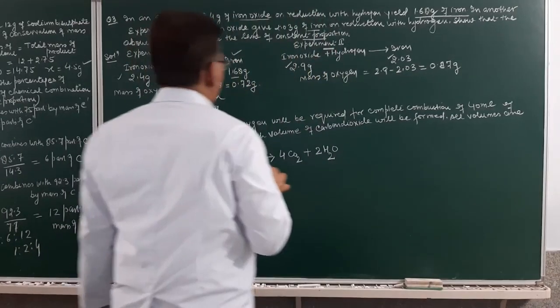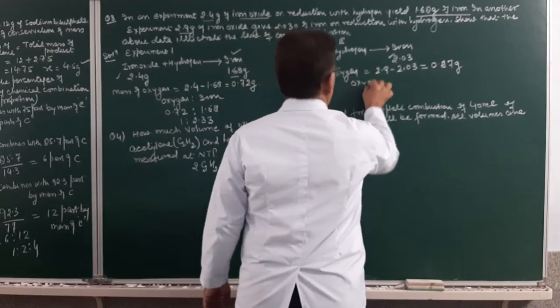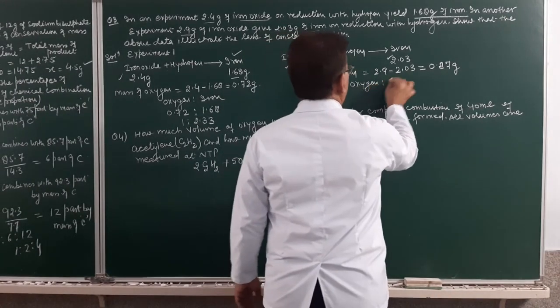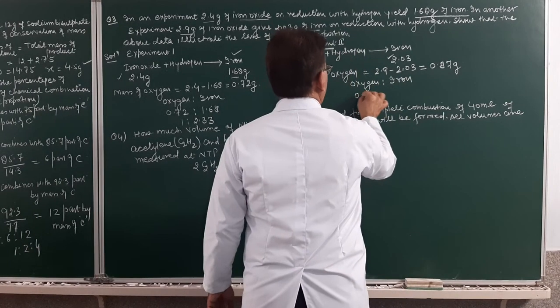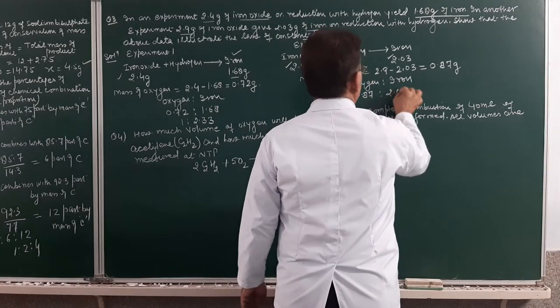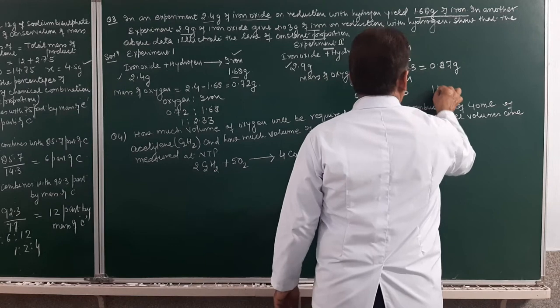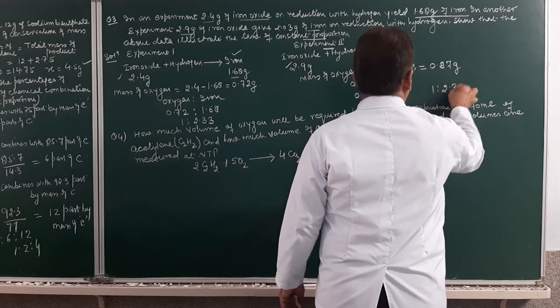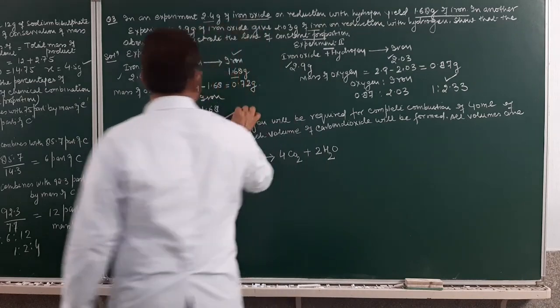Fine. So what will be the ratio between oxygen and iron? Oxygen is 0.87 and iron is 2.03. What is the ratio coming? 1:2.33.